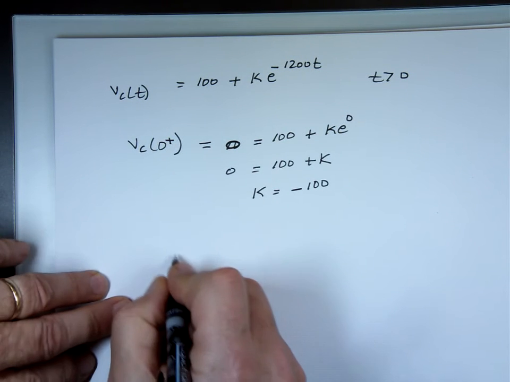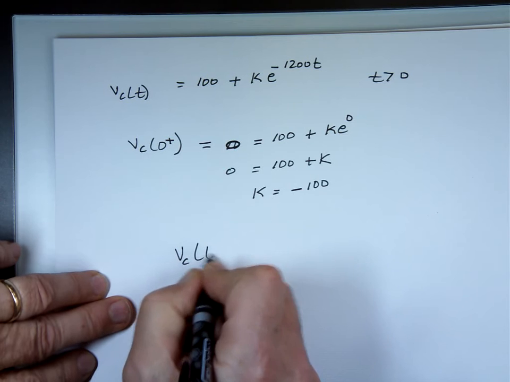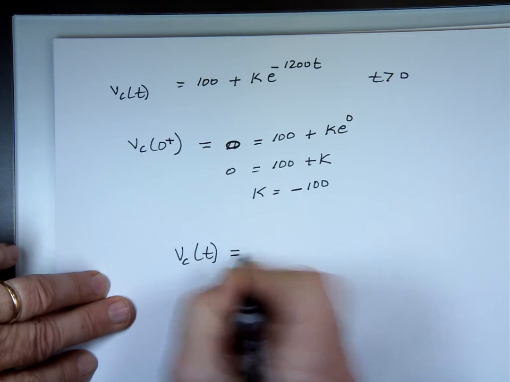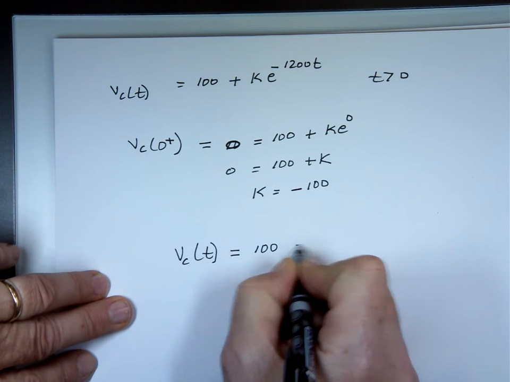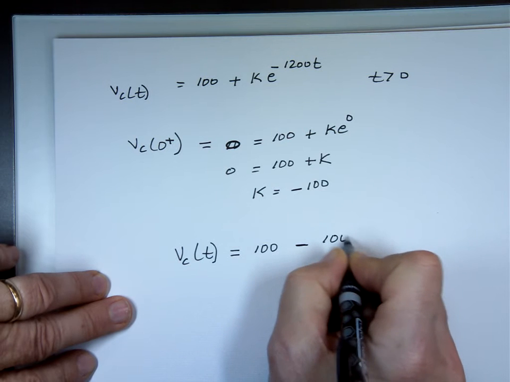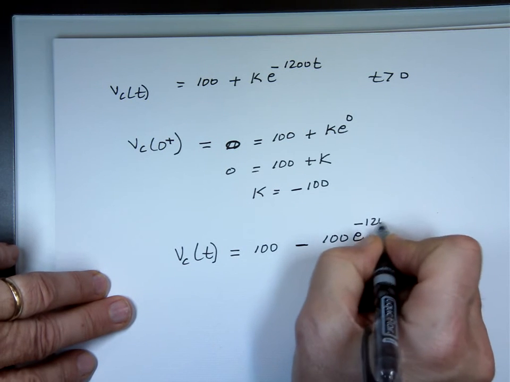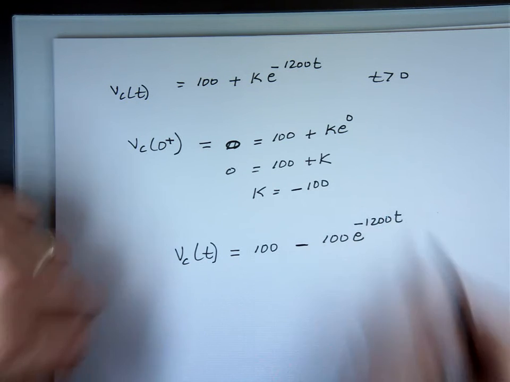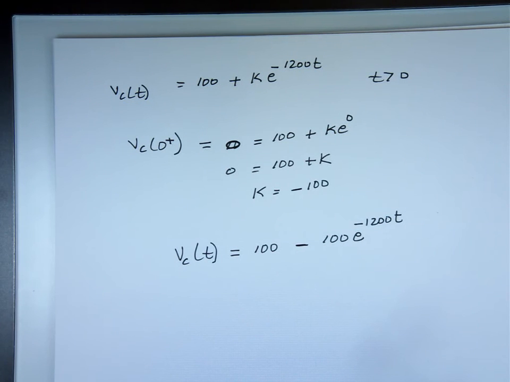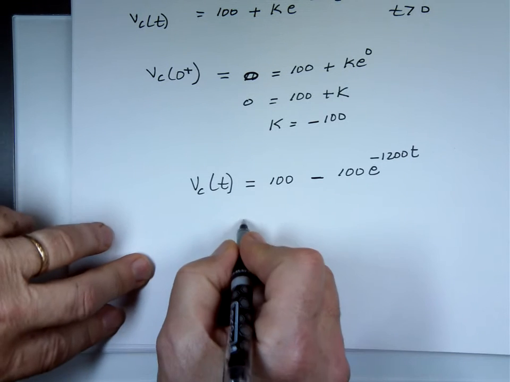So what's the voltage across the capacitor at any given time for t greater than 0? It's 100 minus 100 e to the power of negative 1200 t. If you were watching that value, it will look like this.